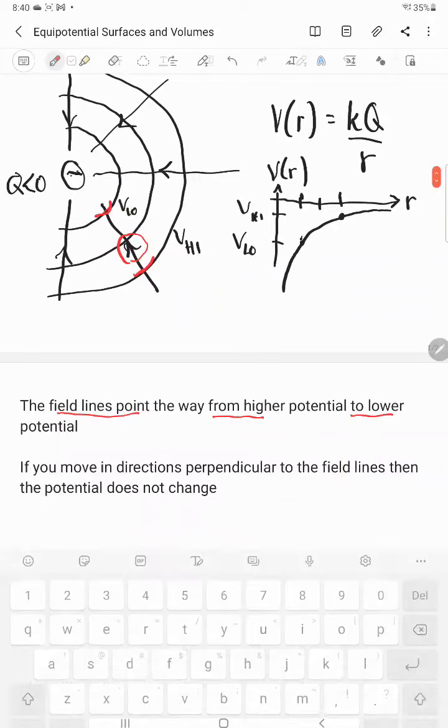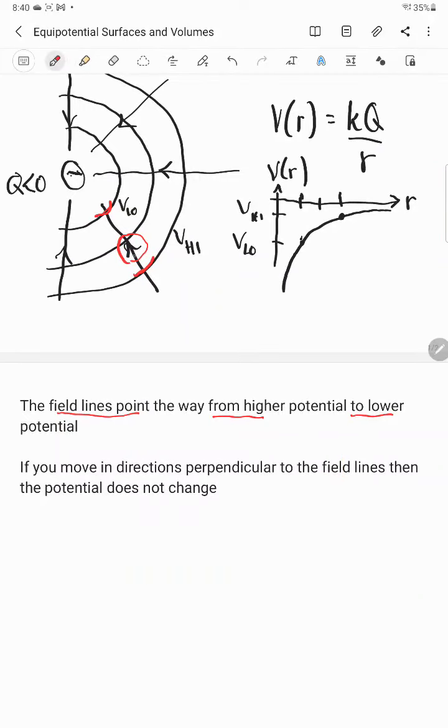So here is the field line, right? And it's pointing inwards in this case. And if I move perpendicular to those field lines, which is actually along the equipotential surface, if I move with displacements along the equipotential surface, I stay on the same potential.